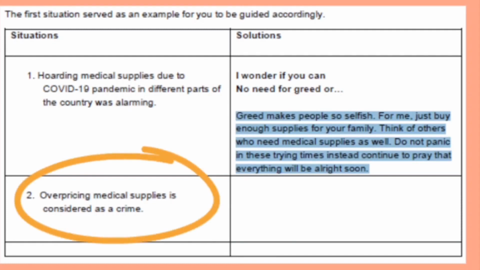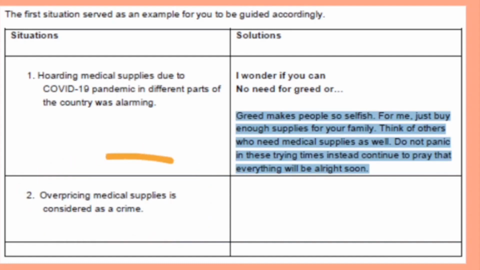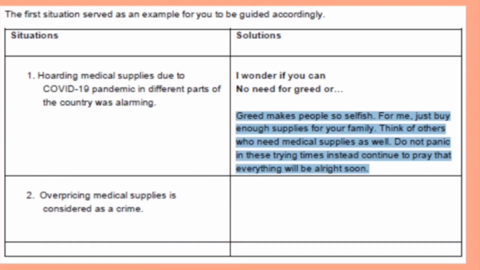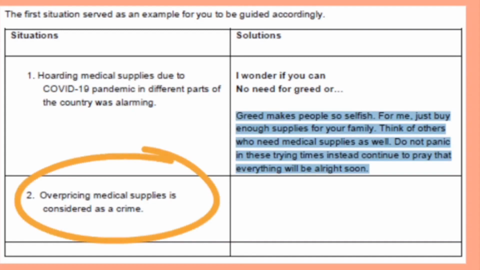Here are the 5 situations that you have to find solutions from the lines of the song. The first one is overpricing medical supplies is considered as a crime.